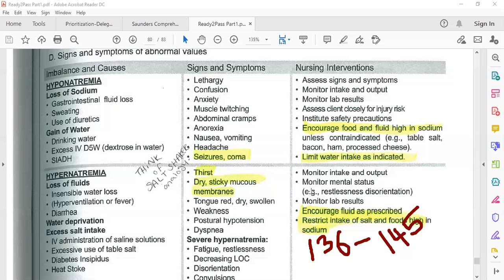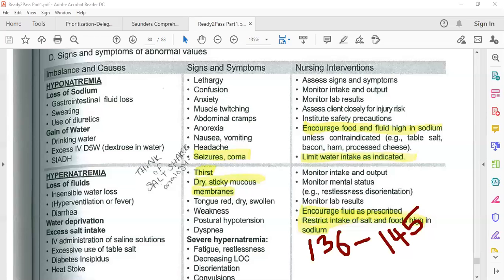So as an RN or LPN, what is our responsibility if we feel my patient has hypernatremia or hyponatremia? Focus first on hypernatremia: monitor intake and output, same as here, and monitor mental status, because of disorientation, confusion, and level of consciousness.